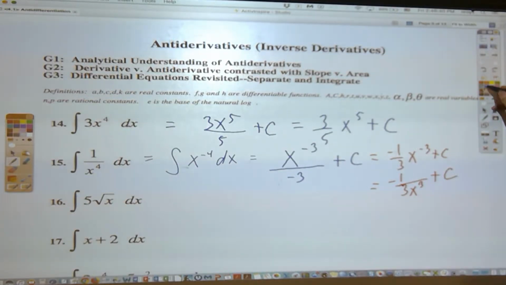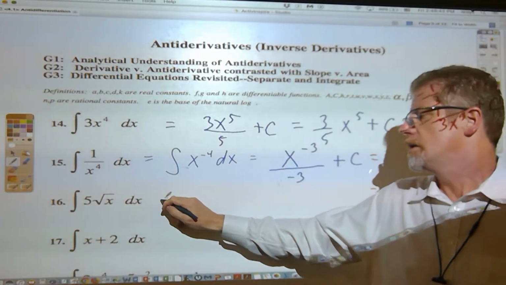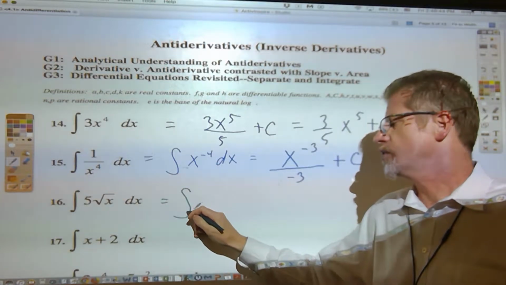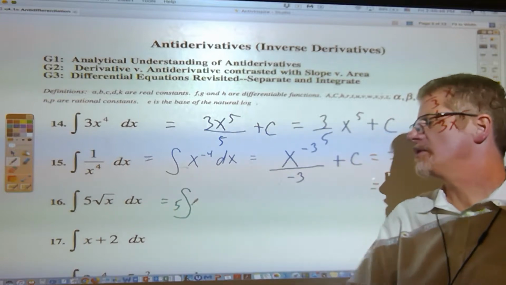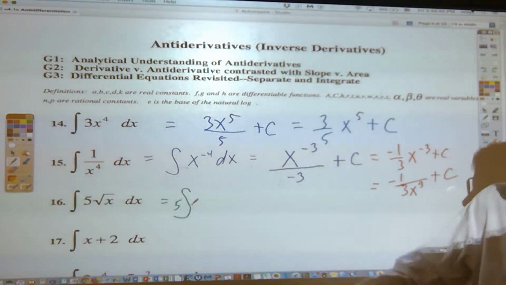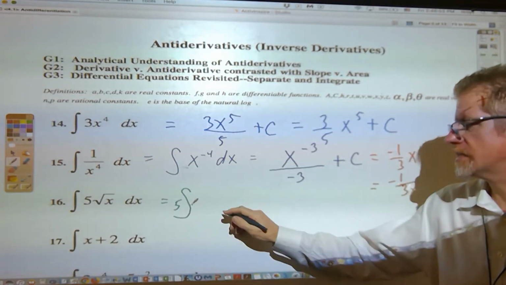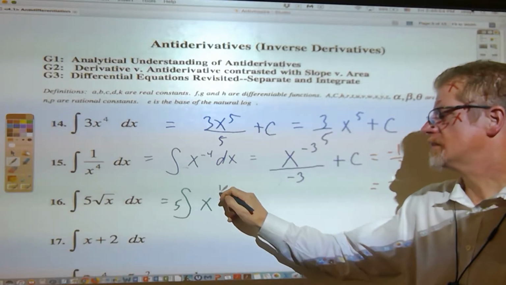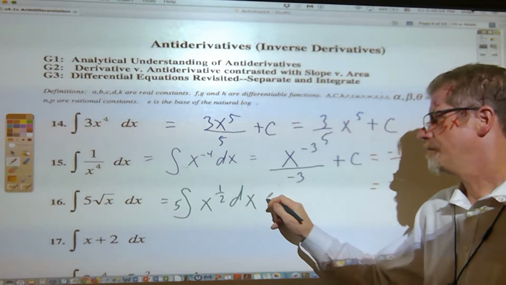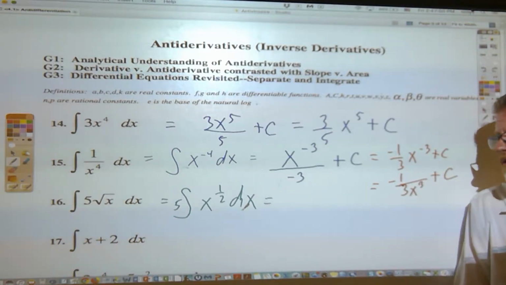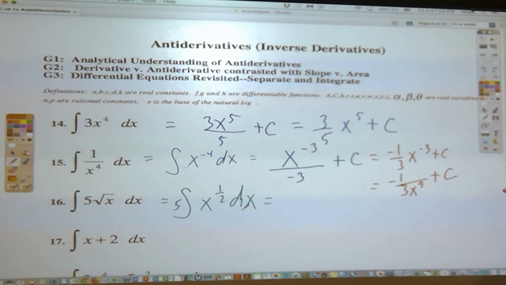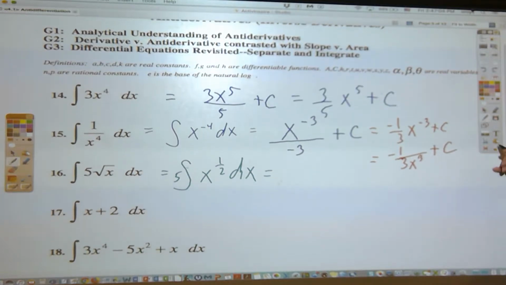Also, on number 16, it's worth your time to rewrite the problem as 5 comes out front. It's a scalar multiple. It's unaffected by this elongated s. Rewrite square root of x as x to the 1/2. And then try to finish it from there. What's 5 times the antiderivative of x to the 1/2 with respect to x?